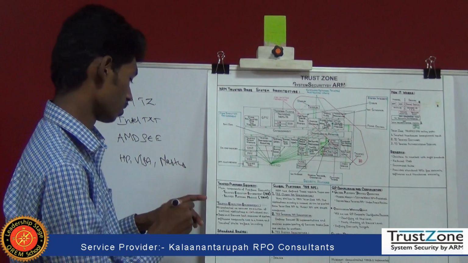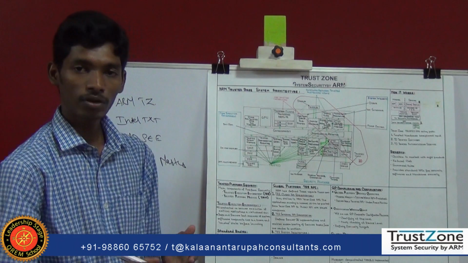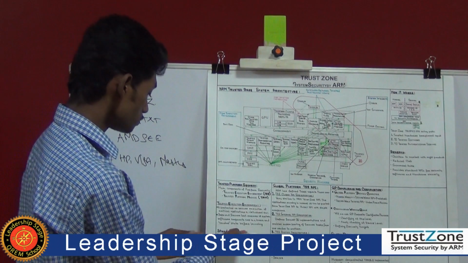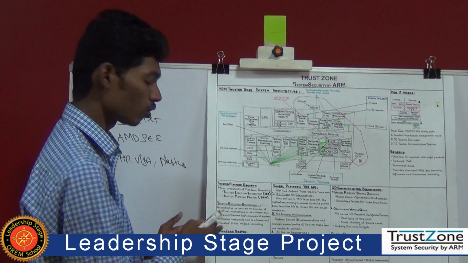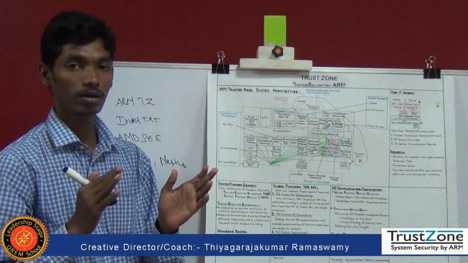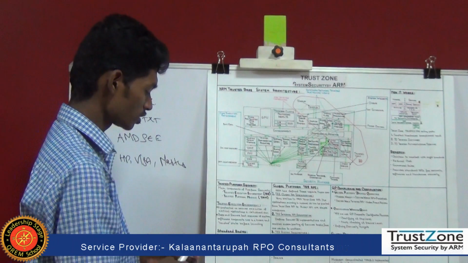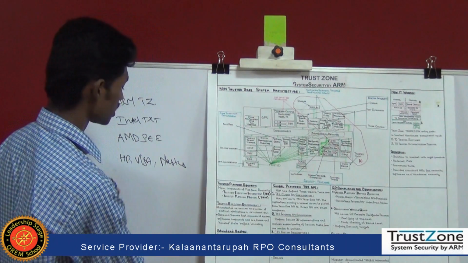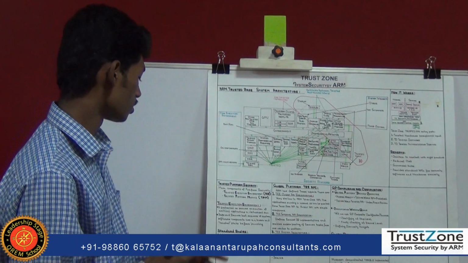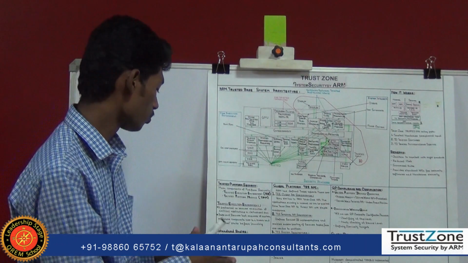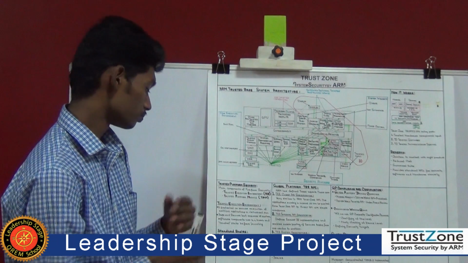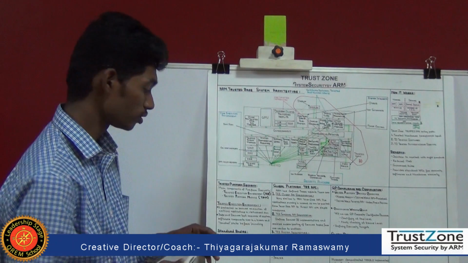First, ARM Trustzone. ARM Trustzone is used to provide security for the software and also the hardware, which is more secure and more reliable, and it is used to secure valuable content. Next one is Intel TXT. Intel TXT is a product of Intel, where ARM and Intel processors are combined, developed based on cloud services.